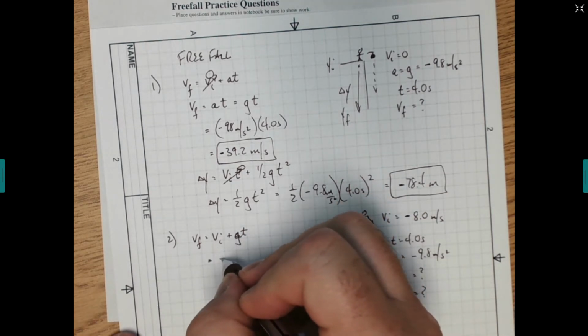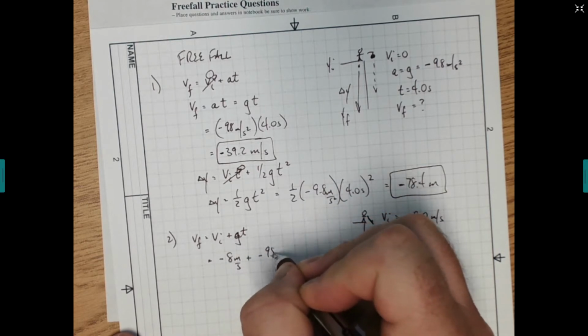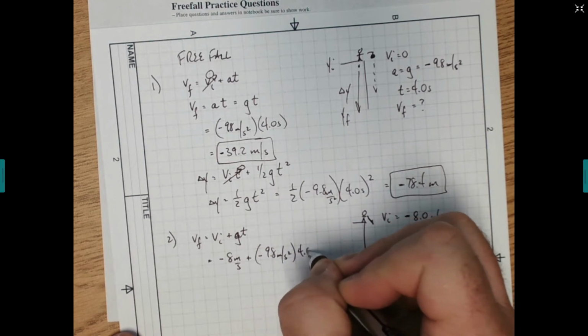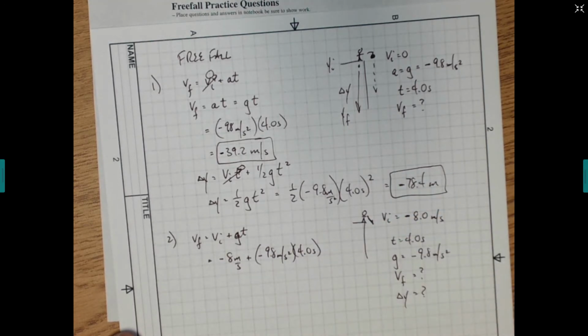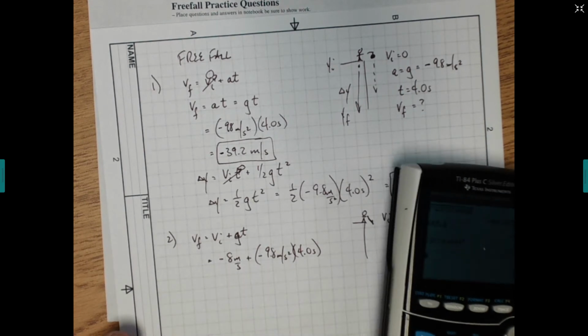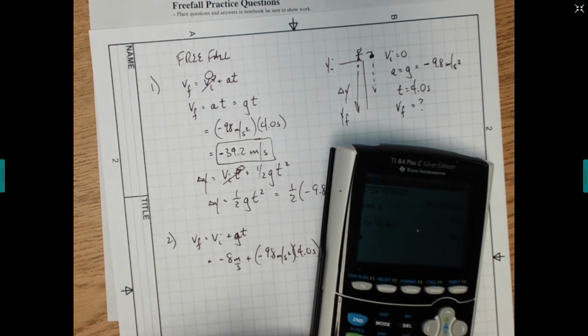Our initial velocity is negative 8 meters per second plus a negative 9.8 meters per second squared times my 4 seconds. So we're really going to have the negative 39.2 plus the negative 8, because we're just redoing that part that we already did.